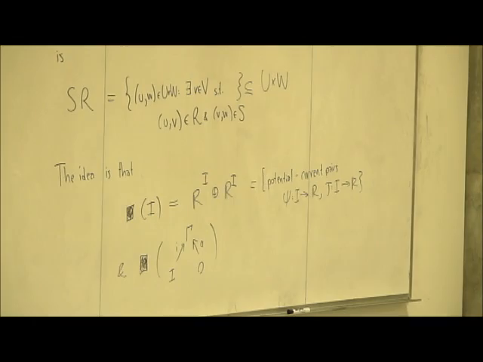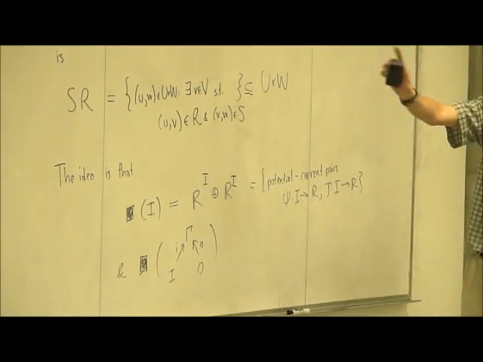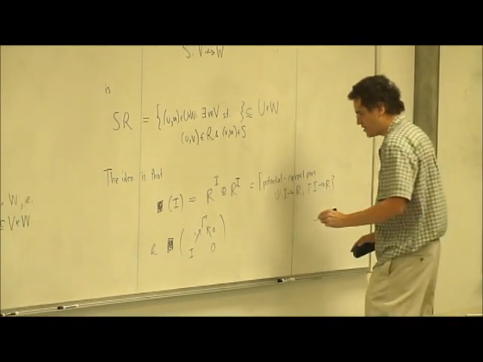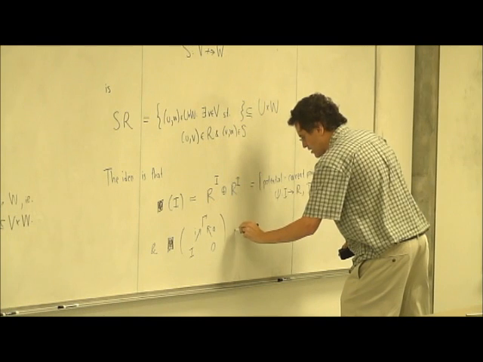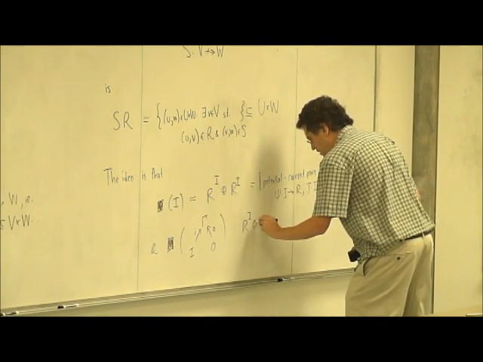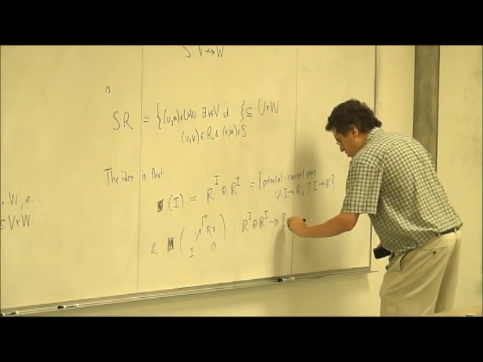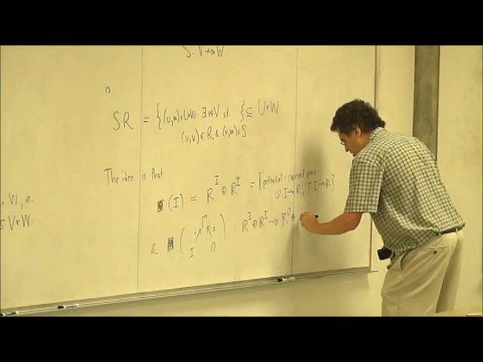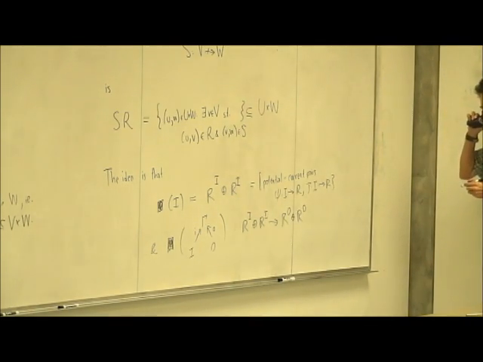So this will be a linear relation. I mean, I'm just saying stuff that has to be true, right? So it'll be some linear relation from Ri plus Ri to Ro plus Ro. I guess now I'm showing off and using direct sum notation.